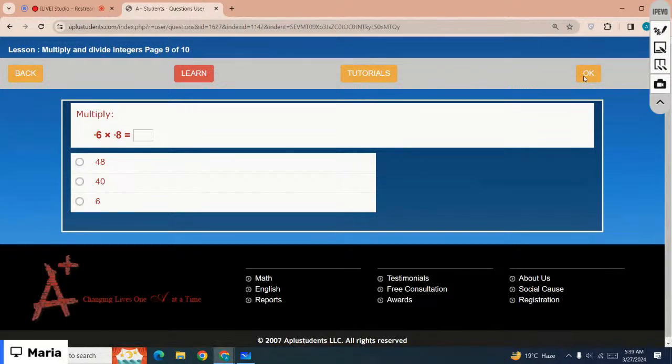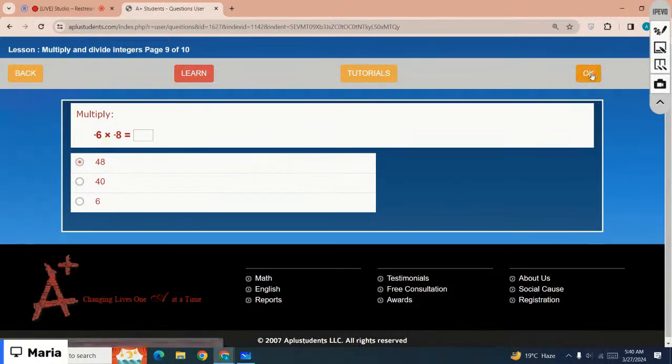Negative 6 times negative 8, which is the correct option? 48. Negative 6 times negative 8 is 48.